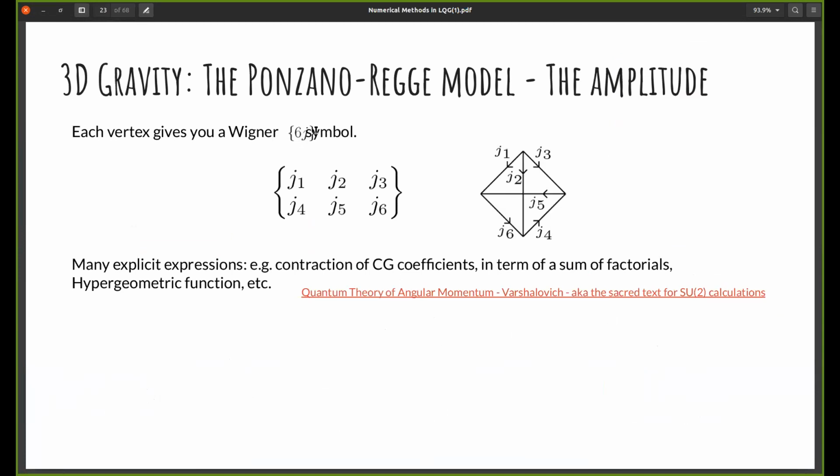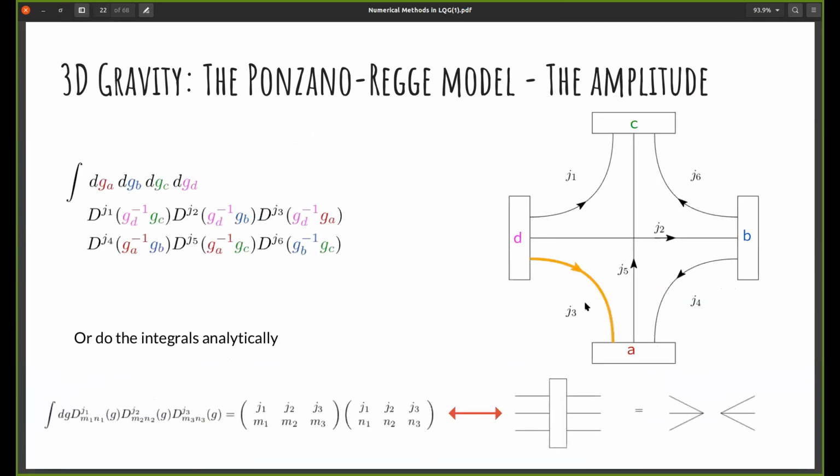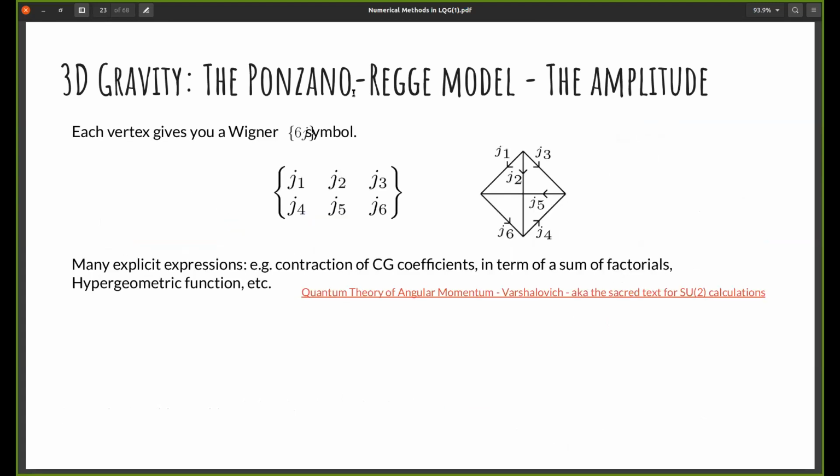Okay, so we were here. So let's do these integrals analytically. When we do them, we obtain 3J symbols contracted together on the magnetic indices. And the result is the so-called 6J symbol.